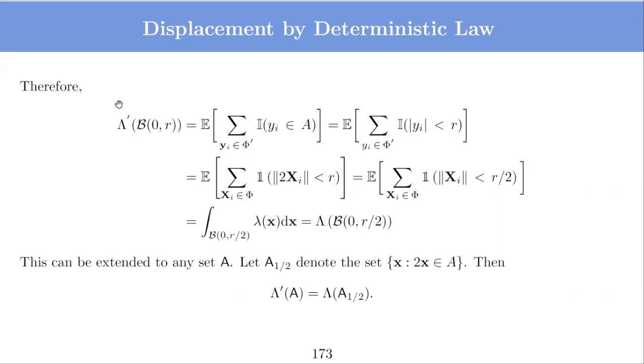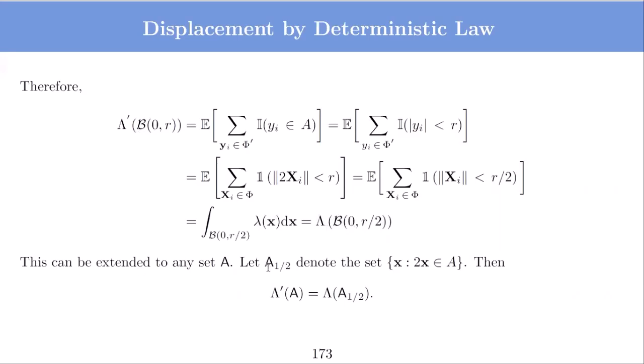So you can say that the number of points of the new derived point process in any ball is the same as the number of points in a ball of half radius in the original point process. Okay, and this can be extended to any set.